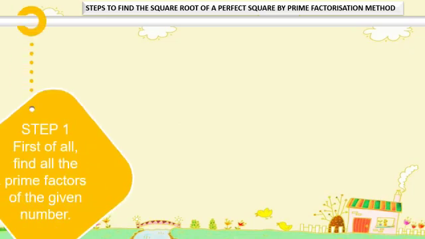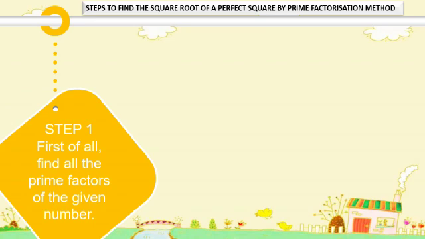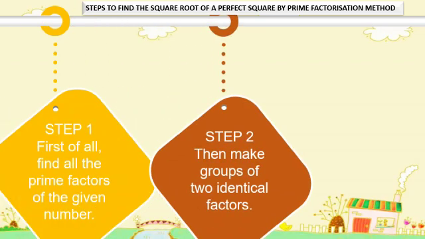So, to find the square root by prime factorization, we follow the following steps. Step 1. First of all, find all the prime factors of the given number. Step 2. Then, make groups of 2 identical factors.